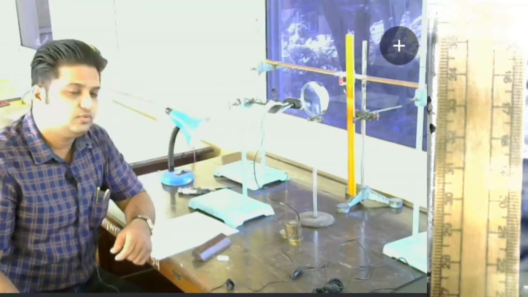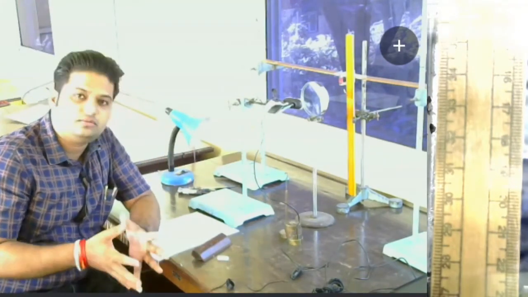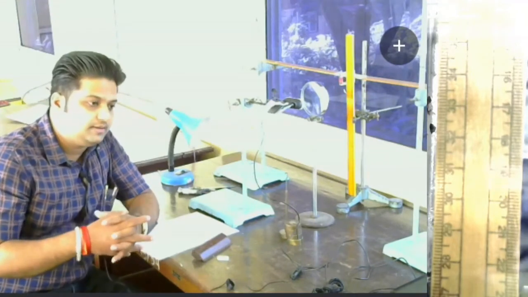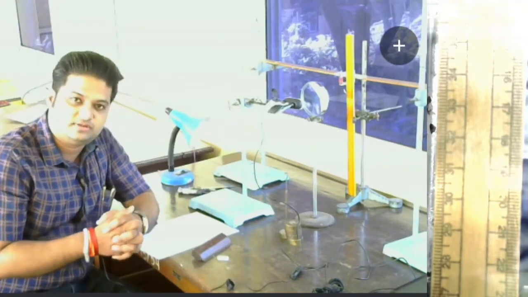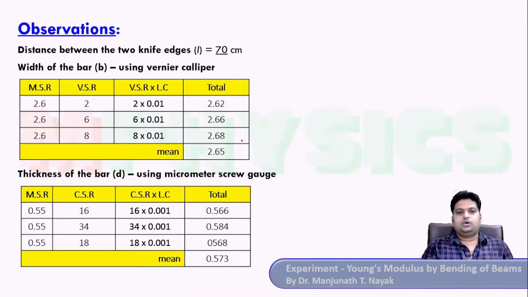Okay, fine. So what we'll do now is go back and do the calculation for this experiment, and let's finish this experiment. All right, so we are back with our data. As I told you, the distance between the knife edges, the length of bending, would be around 70 centimeters.